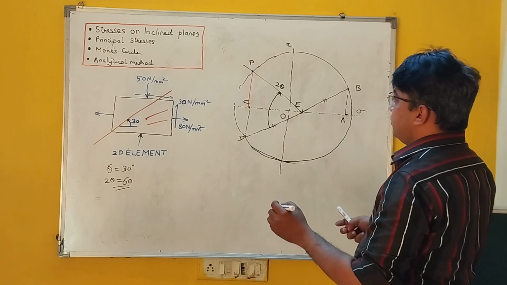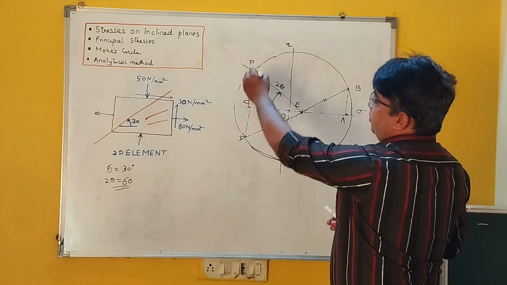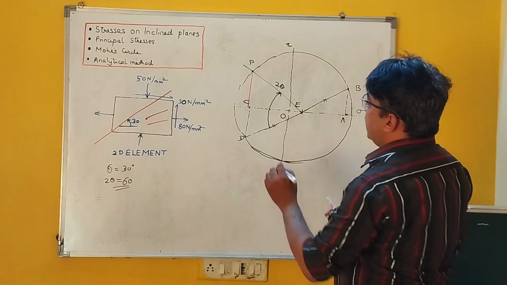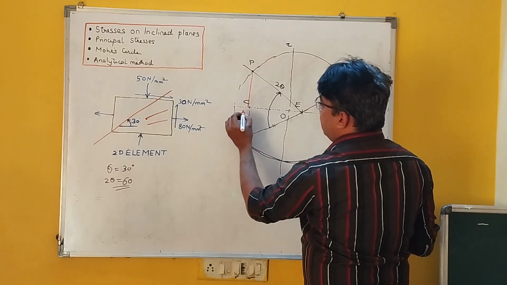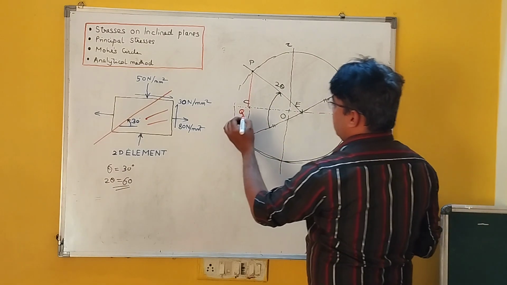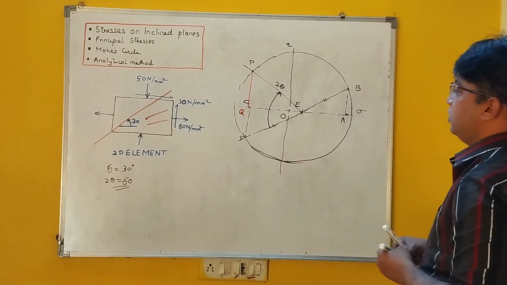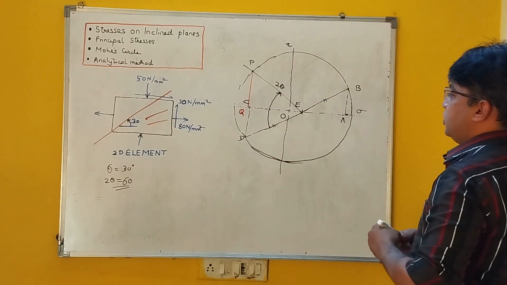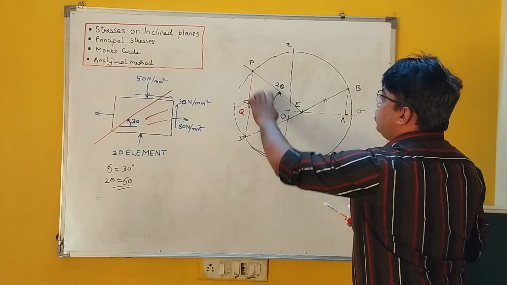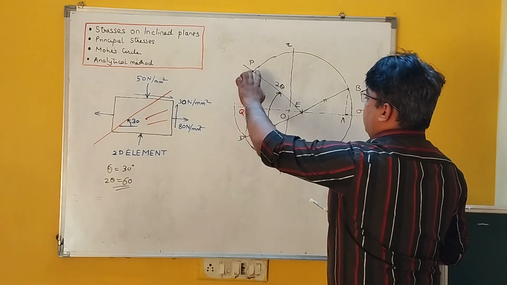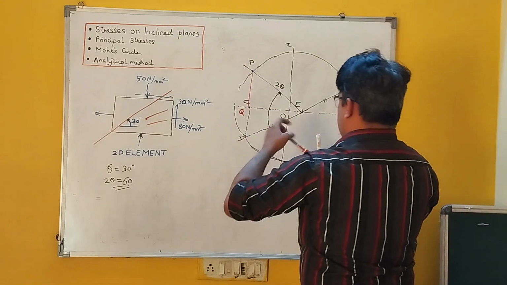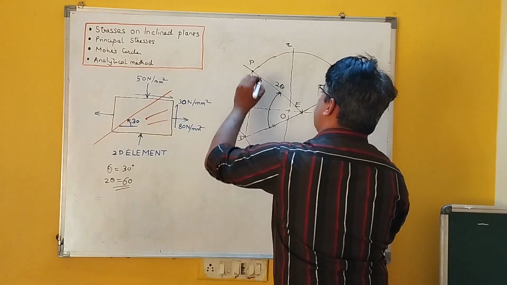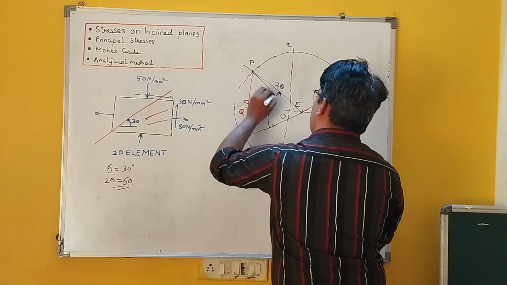Let this point, this was C, this is Q. Now draw O to P, like this.